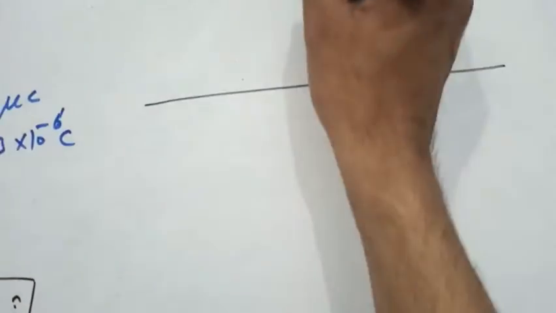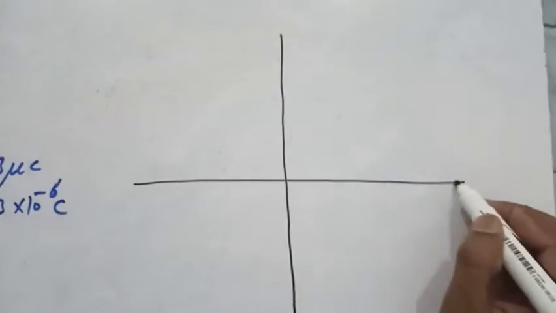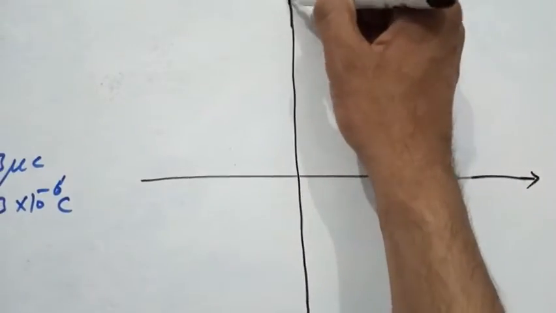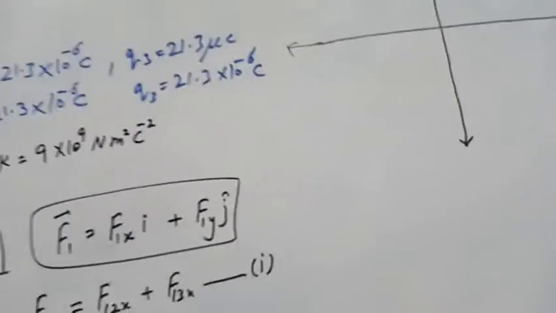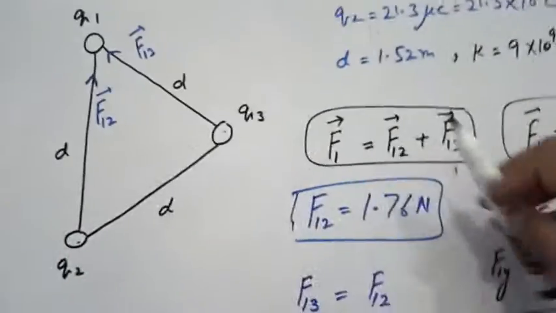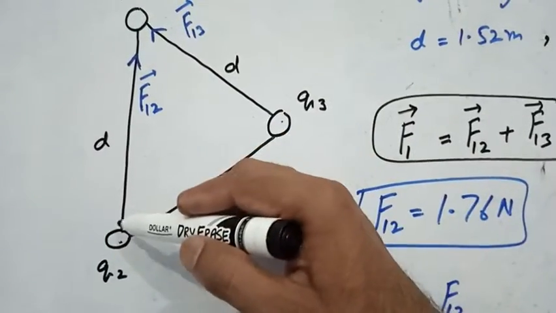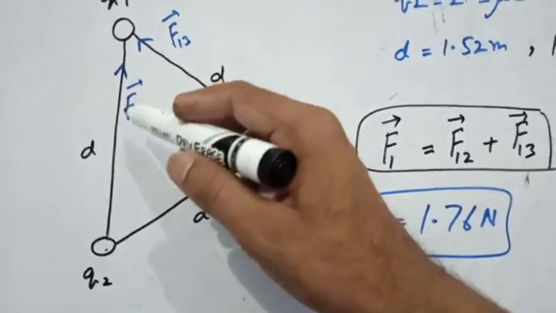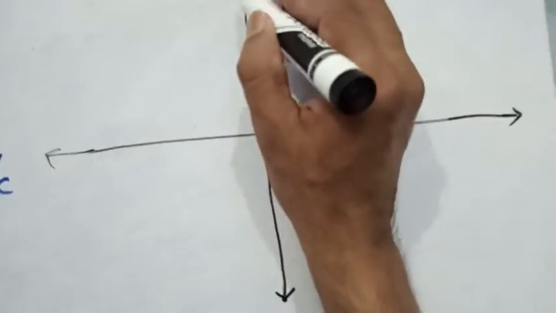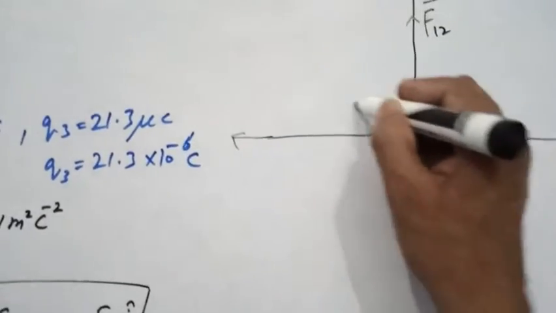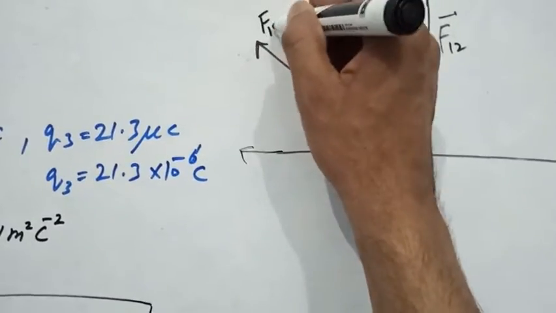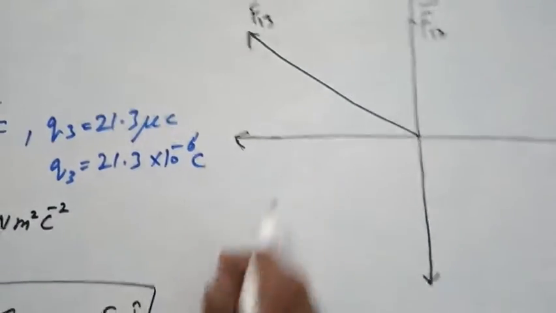Suppose this is our rectangular coordinate system, x-axis and y-axis. If we take the force F12 acting vertically along the y-axis, I draw it here, and force F13 is graphically shown here, acting on charge Q1.